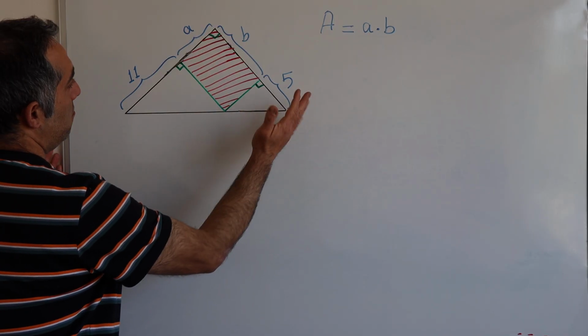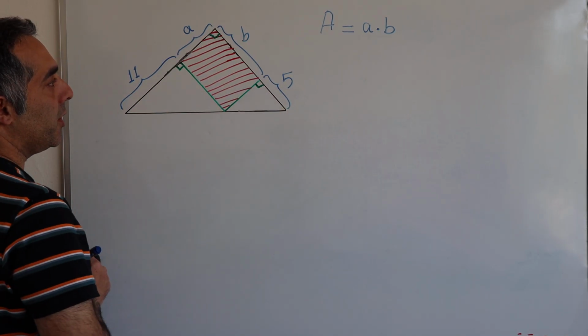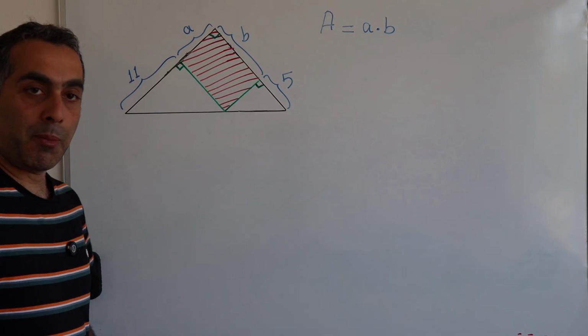They are right-angled triangles, with sides 5 and 11 here. But how can you do this math problem?